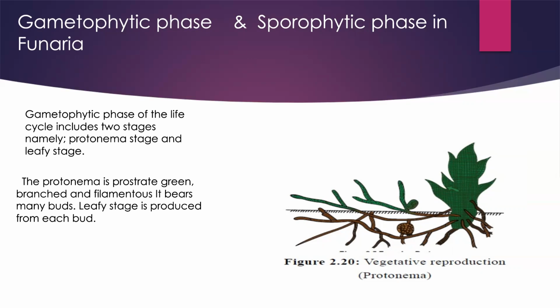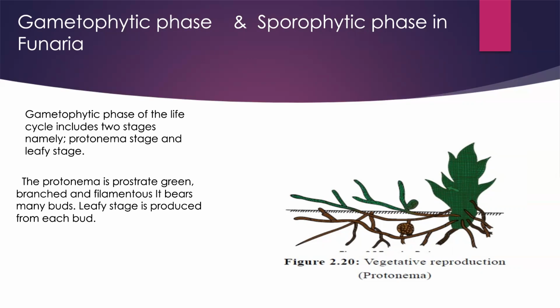In the case of Funaria, the gametophytic phase represents two stages. One is protonema, which you can see in the diagram. This elongated, flattened, rod-like filamentous structure represents the protonema stage.